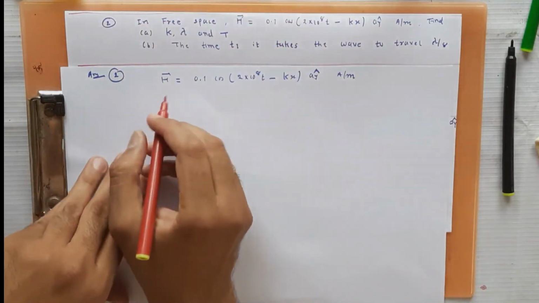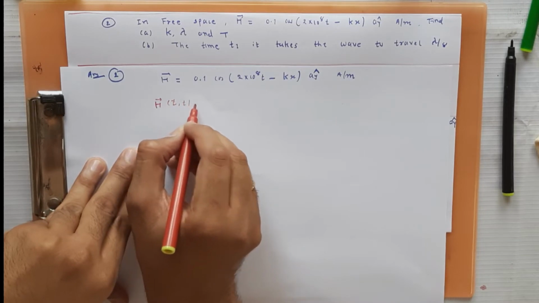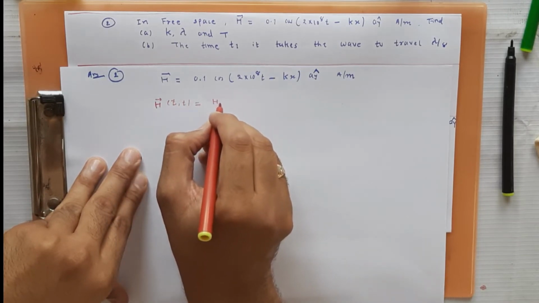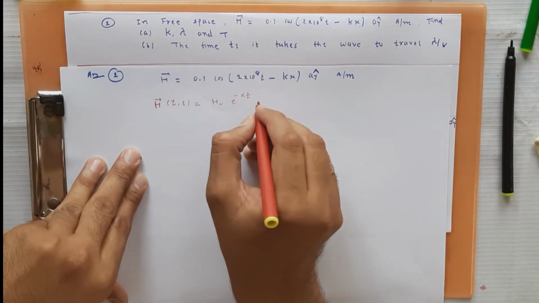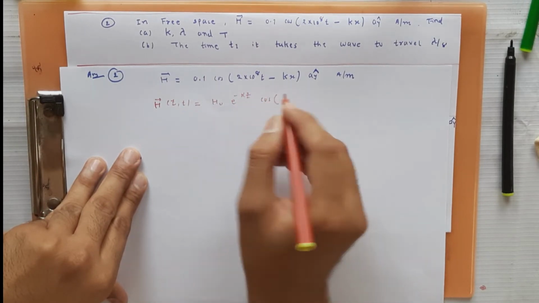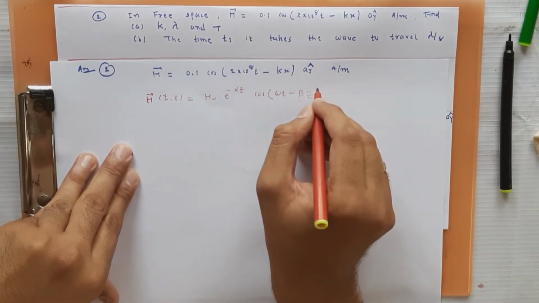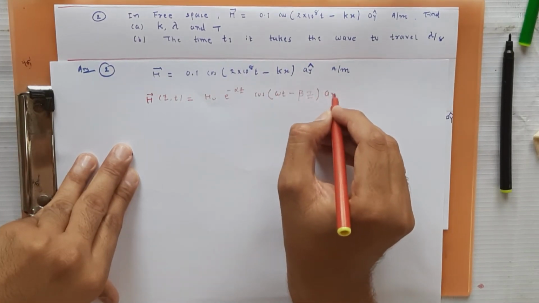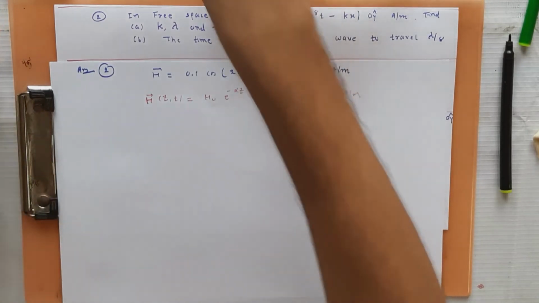Our standard equation for magnetic field intensity, which is a function of space and time, is H0 e^(−αz) cos(ωt − βz) a_y ampere per meter. You can write cos or sine, anything. This one is my standard equation.